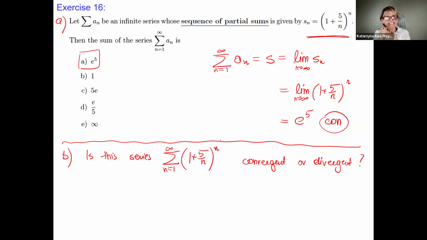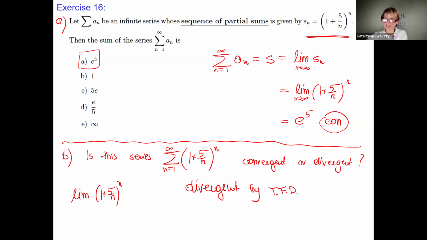Is this infinite series convergent or divergent? Yes, it is divergent, by the test for divergence, because that's not the partial sum anymore. It's a formula.